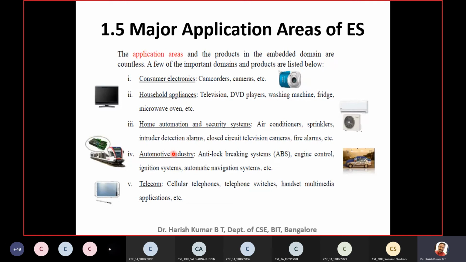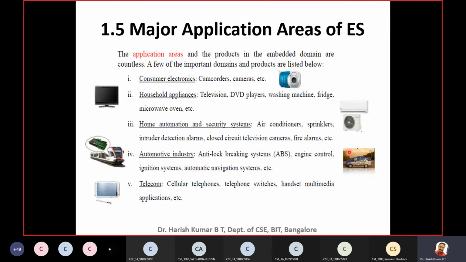Next, another important application area of embedded systems is the automotive industry. It is most widely used in the automotive industry, in the form of ABS, that is anti-lock braking system. Cars have ABS systems, and engine control. All these days people were using vehicles to travel from one place to another, and did not know that there is an embedded microcontroller or microprocessor present for controlling the engine as well, controlling the ignition system and the automatic navigation system.